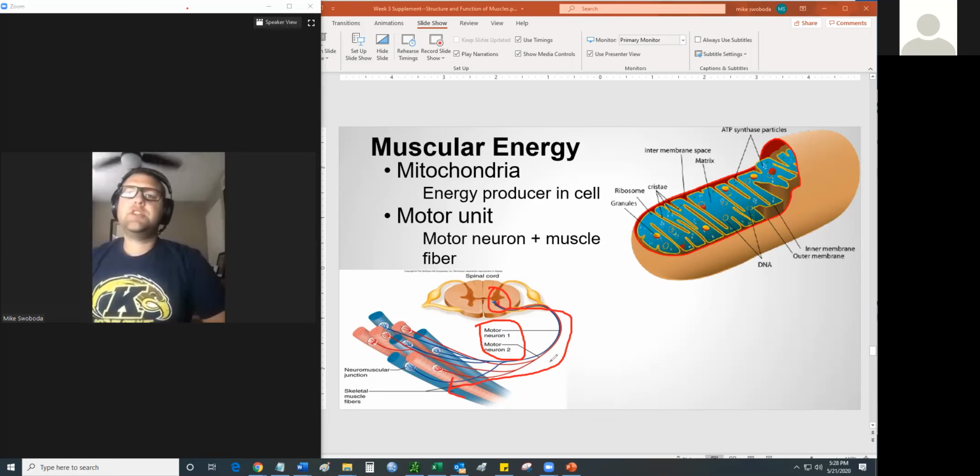So each of these motor neurons, or nerve cells, will attach to the muscle fiber itself. The junction that forms between those two, the adding together of this neuron with the muscle fiber, gives you a motor unit. And your motor units are the actual functional units of our skeletal muscle.